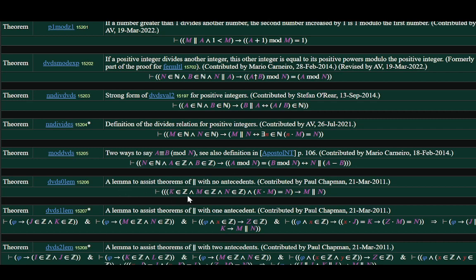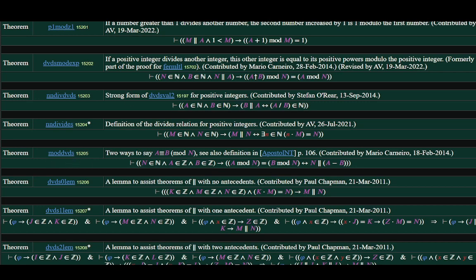So if k is an integer, m is an integer, and n is an integer, and k times m equals n, so that's not going to be too hard to prove, right? If we've got 8 times 4 is 32, we can probably already do that. Then that implies m divides n, okay? That's the result we're trying to get, is m divides n. So let's have a go at that.